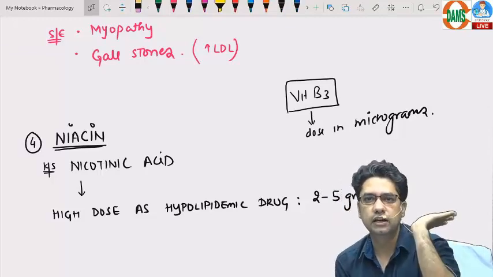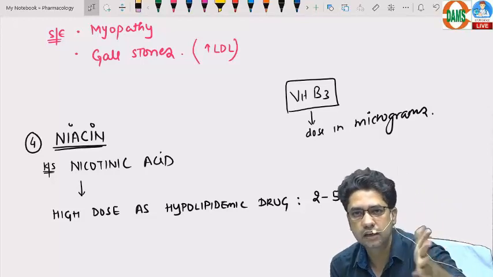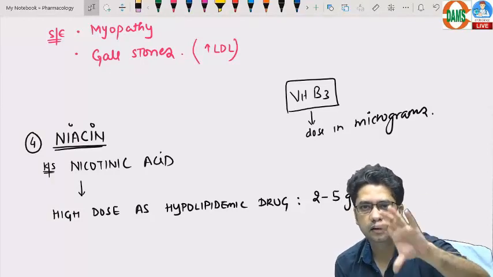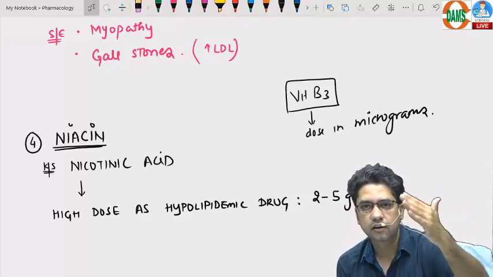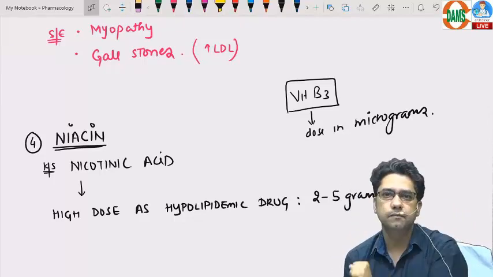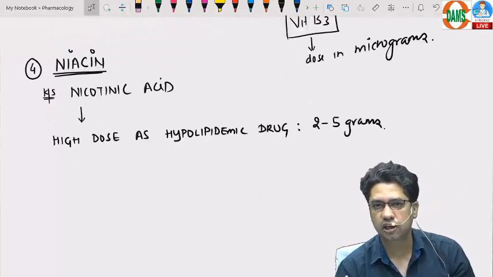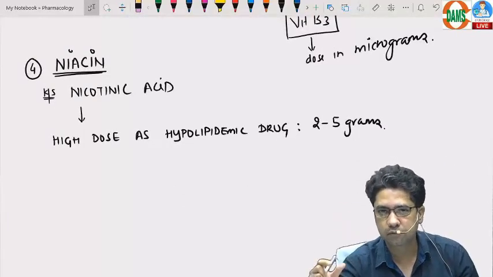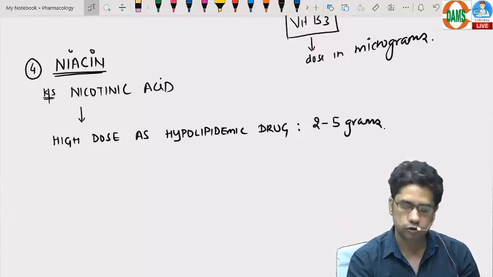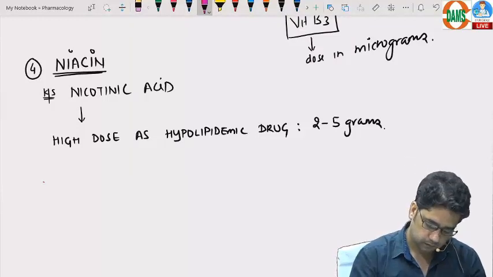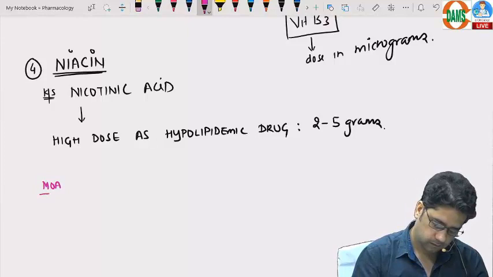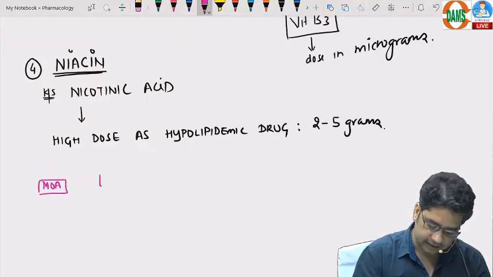Now it is not a vitamin. In a very high dose, niacin reduces lipid level. How? It has direct action or direct receptors on liver and adipose tissue.